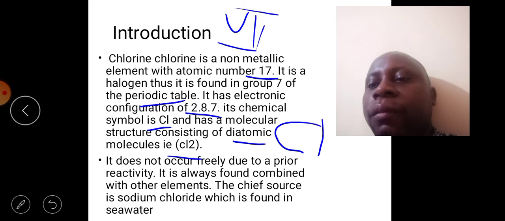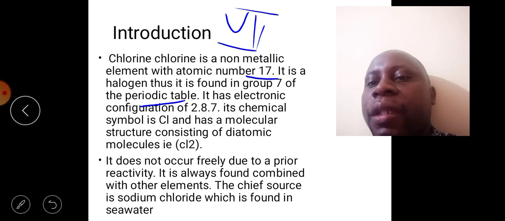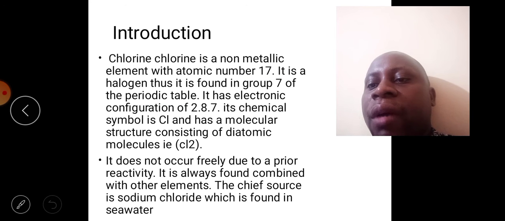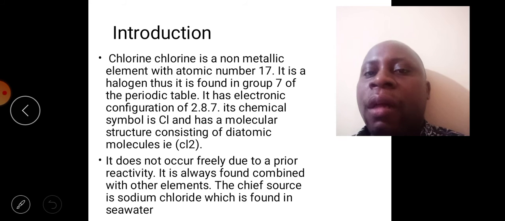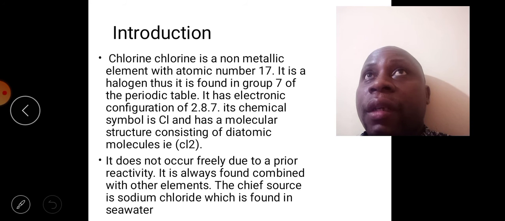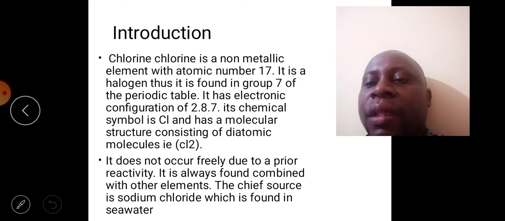Now, chlorine does not occur freely in the crust or in the environment, but instead it occurs in combined form with other elements. This is because it is very reactive.